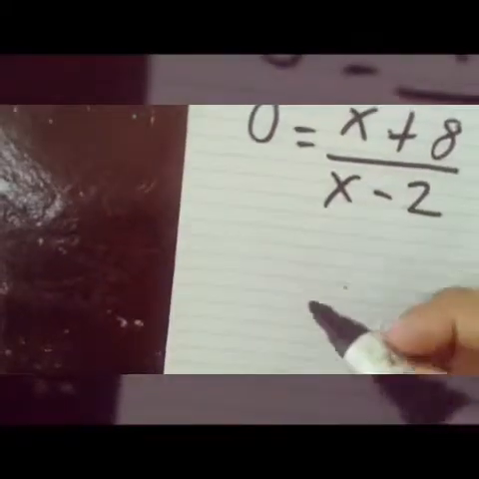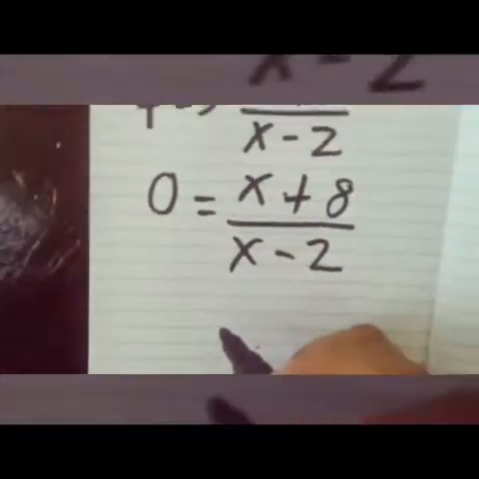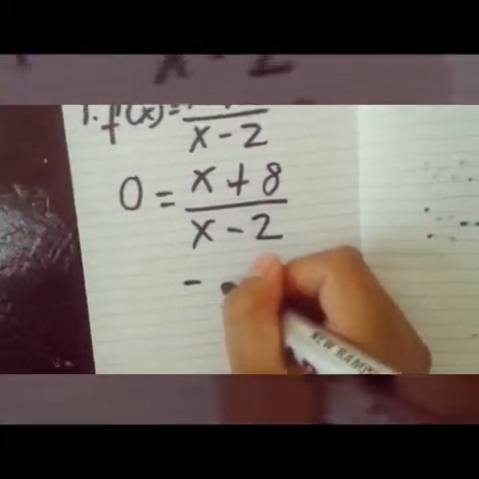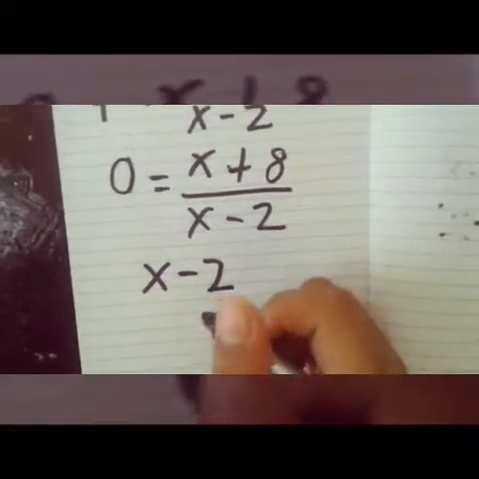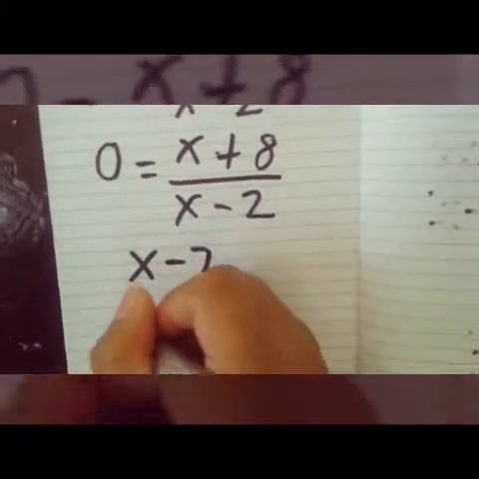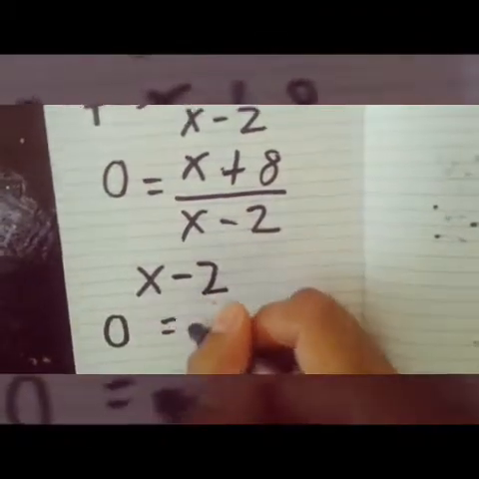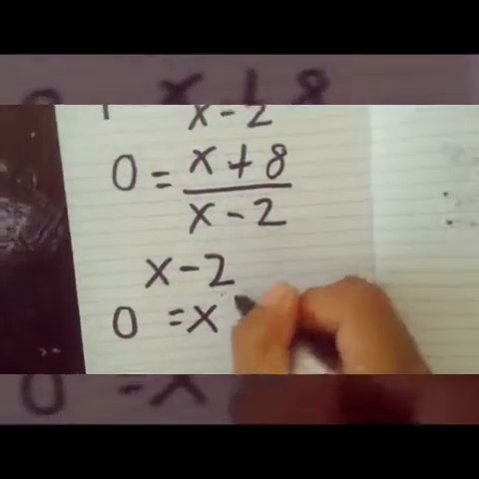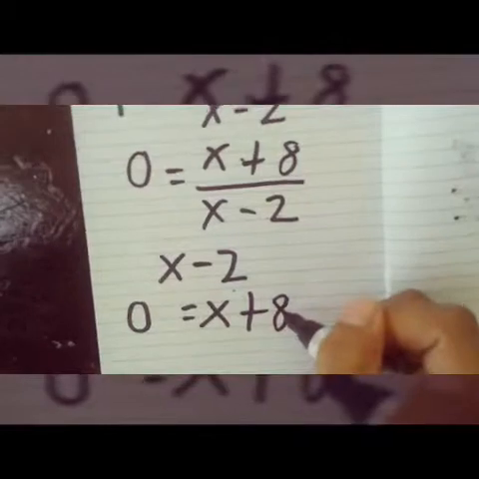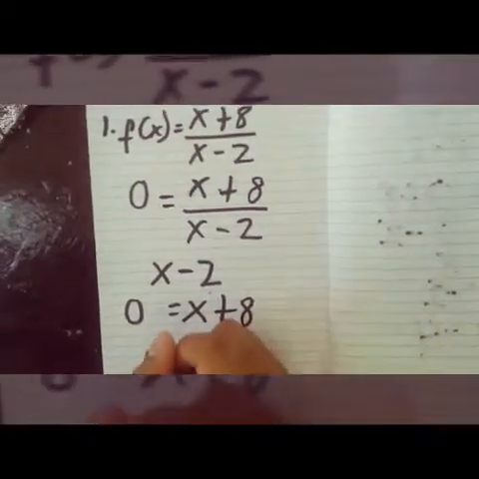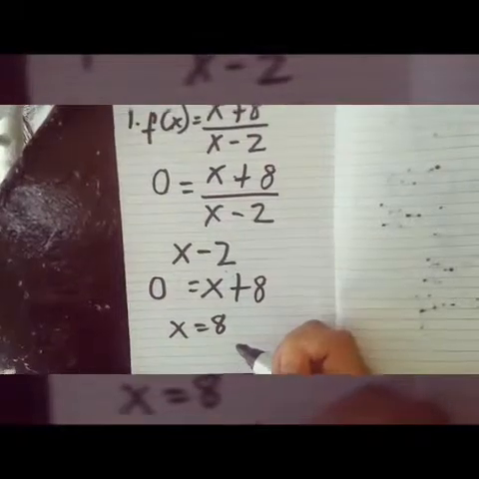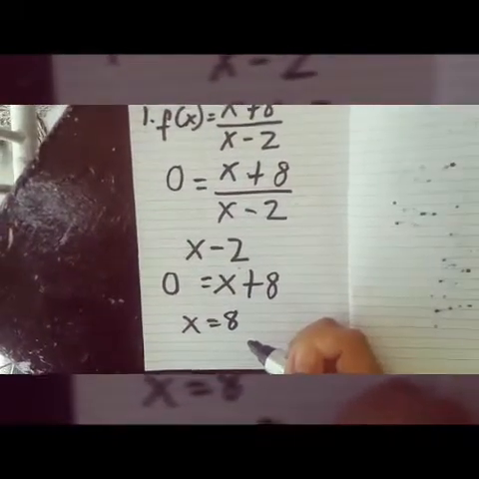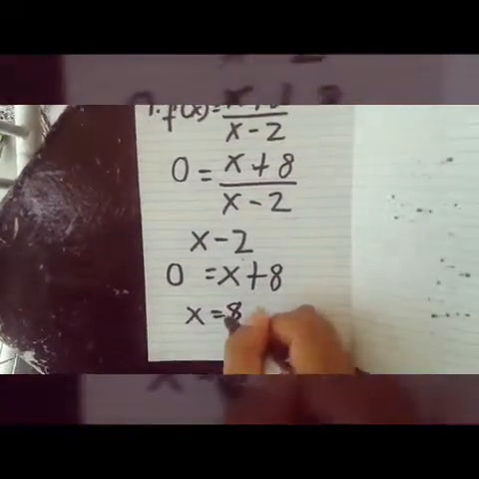And then multiply both sides by x minus 2. Then 0 equals x plus 8. Then simplify. x equals negative 8. This will be the answer. Then the x-intercept is negative 8.